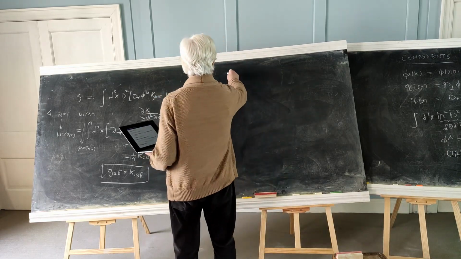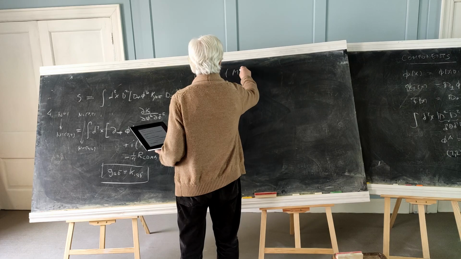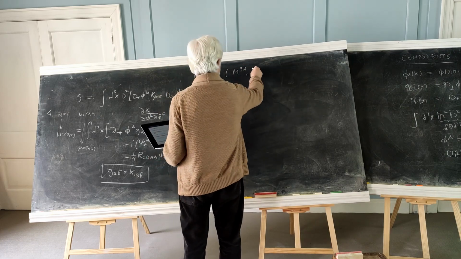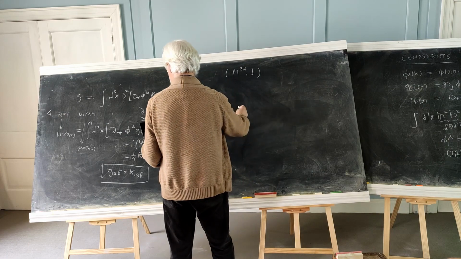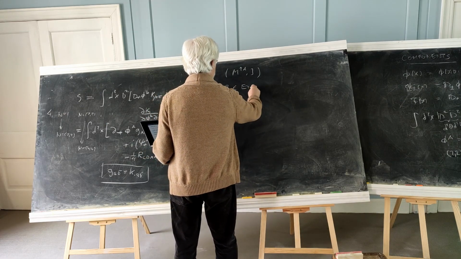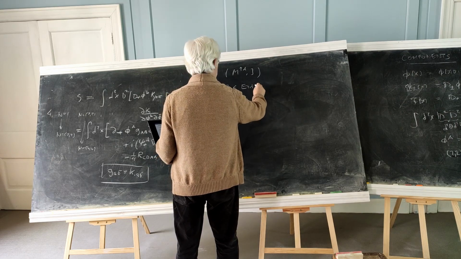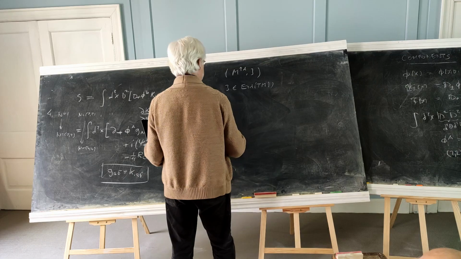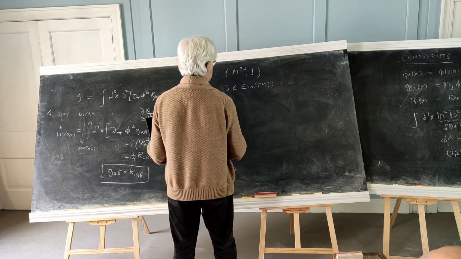So we have a manifold which is even dimensional, and we have an endomorphism J. It just acts on the tangent space.